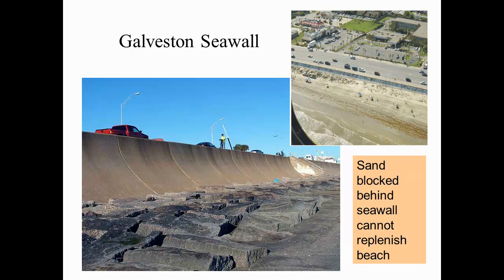So over time, unless the beach is renourished, the beach will eventually disappear, as shown in this particular photograph. This is a section of the Galveston seawall towards the west.